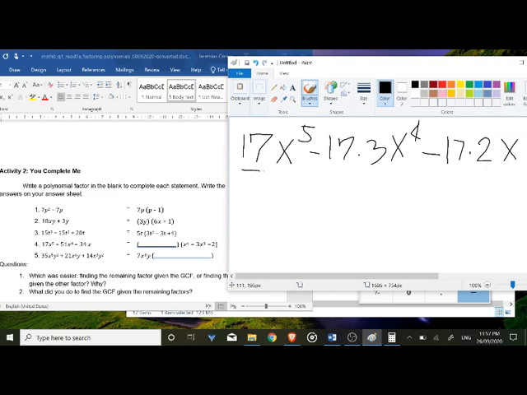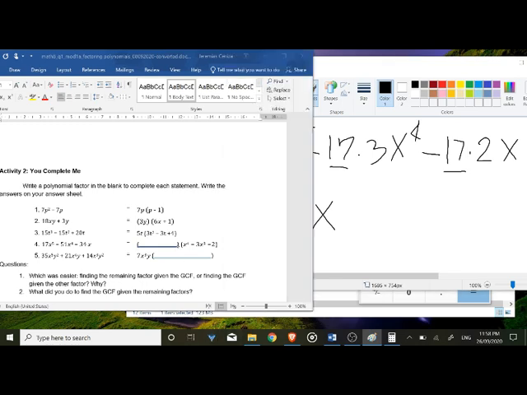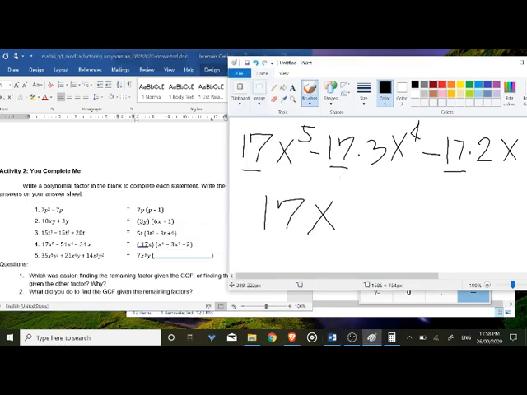So alam na ang common, si 17. Alam na rin ang common, si x sa kanilang tatlo. Therefore 17x ang other factor.